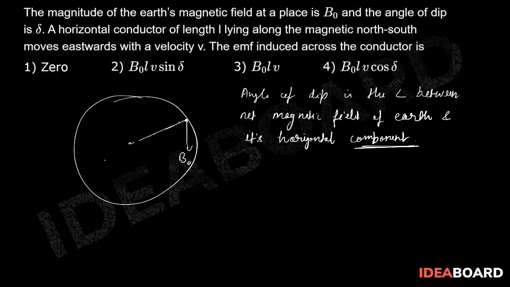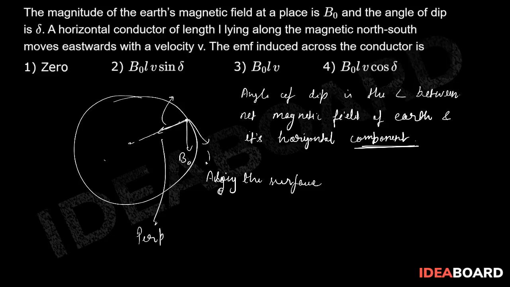Perfect. That means suppose I take one component along the Earth's surface, and this is the perpendicular to the Earth's surface.